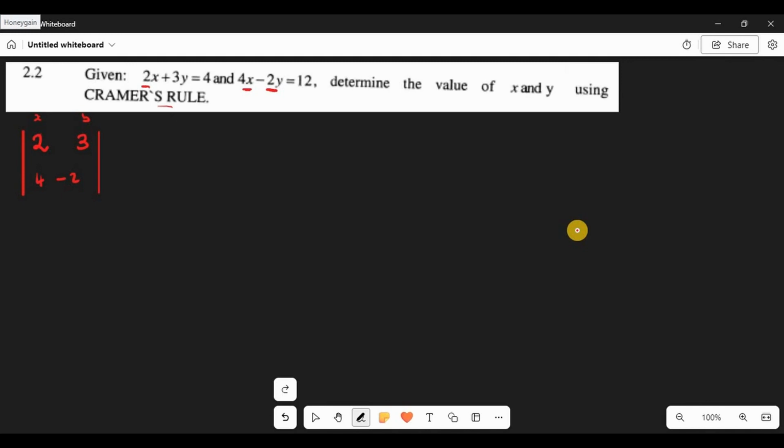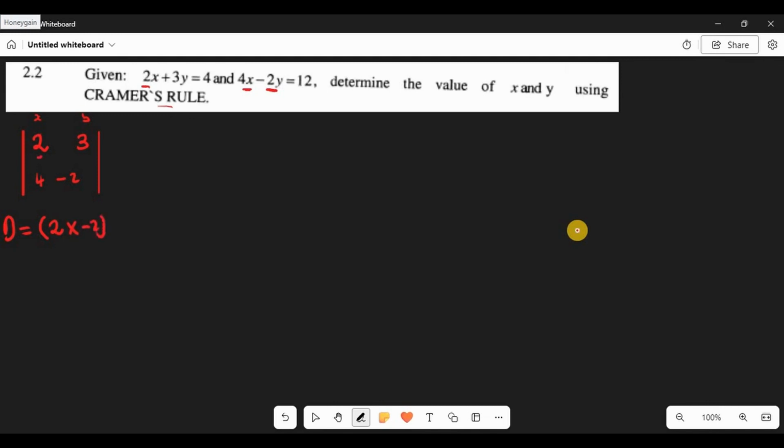Right, so let's continue. In order for us to find the determinant, the formula for the determinant is very simple, guys. It's equal to the first term, which is 2, multiplied by the last term, which is negative 2.